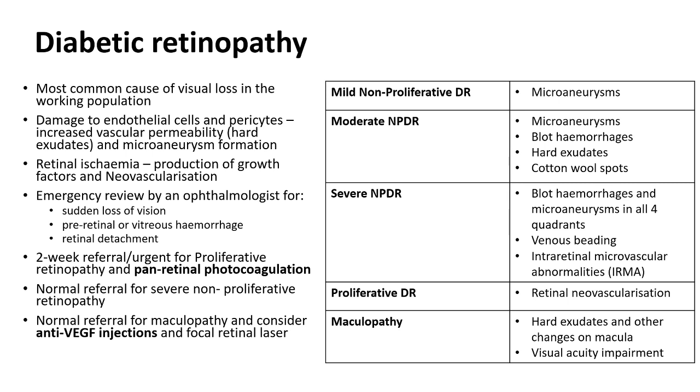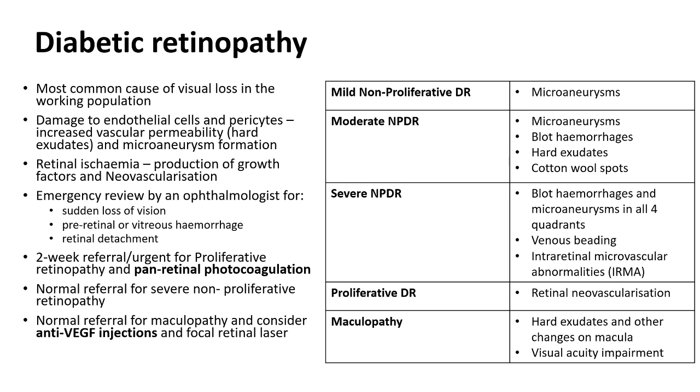If any changes are seen on the macula, then this is called maculopathy, and this can happen at any stage of diabetic retinopathy. Maculopathy is the most common cause of severe visual loss in diabetic retinopathy.